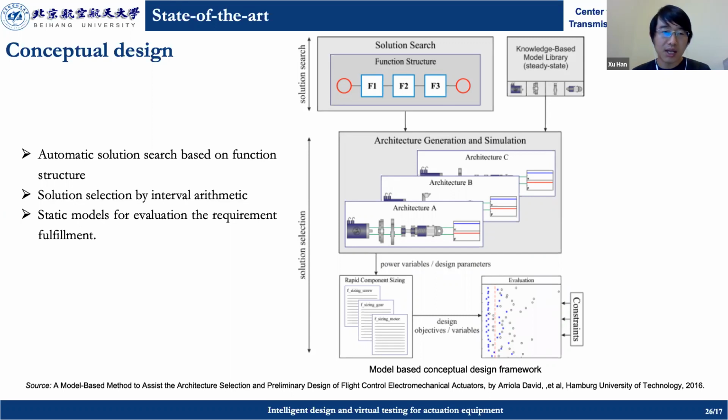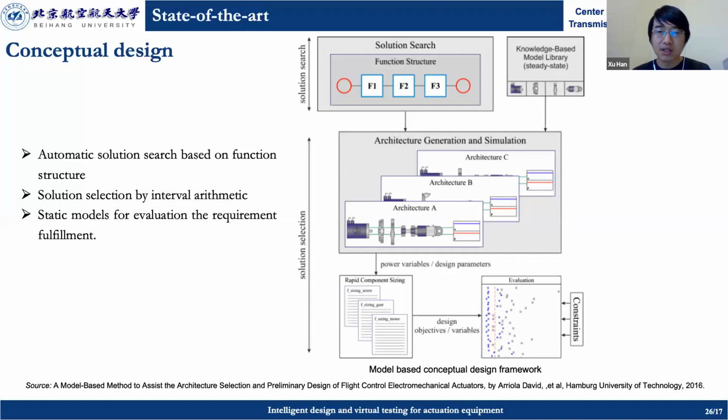So the computer can automatically search the solutions with all the possible combinations of sub-functions, which can also be called components. And the computer can also have automatic selection for the possible architectures of the actuators. So this is based on models and interval arithmetic.